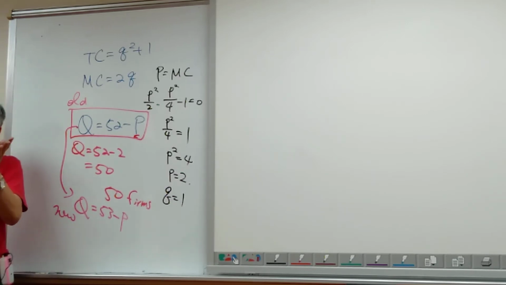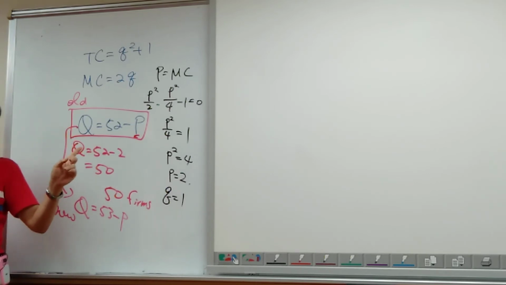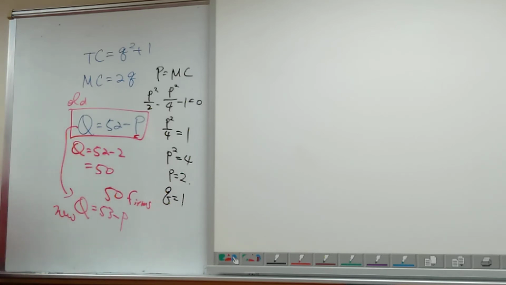Right, the demand curve may shift to the right, okay? But be careful, here it is a perfectly competitive market, right? So what would be other kinds of reactions after this increase in demand? What are the possible reactions in the market?